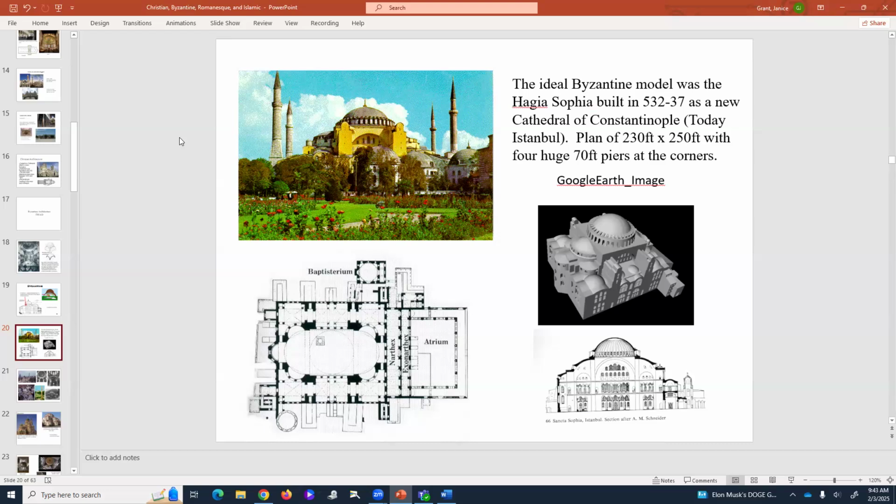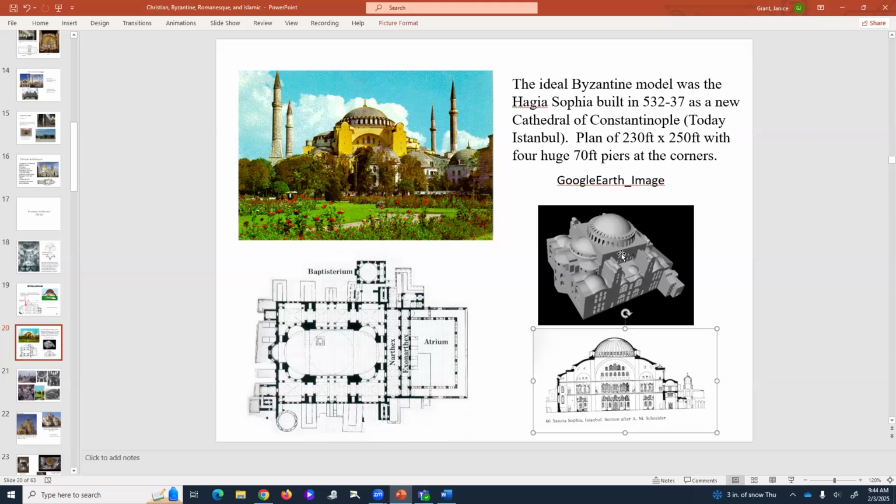The plan is a square. You can see that it's a little different from what we saw in the early Christian. It's a square with 4 huge 70-foot piers at the corners. So the weight is coming down into those piers.